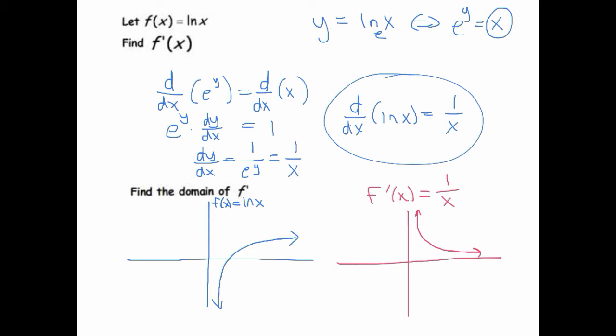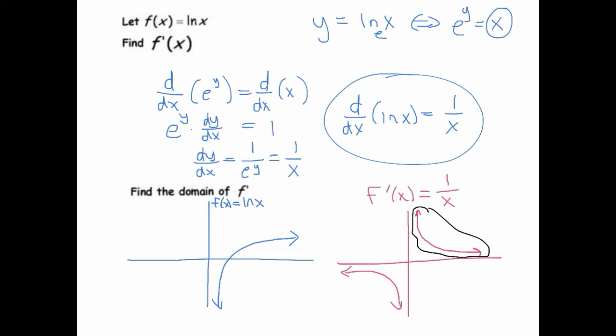It has that right arm. It also has this left arm. However, the left arm is really not at all relevant in this case, because the derivative of ln of x is going to tell us about slopes. One thing you may notice is that the slopes of ln of x are always positive, and likewise, this right arm here is always positive, always above the x-axis.